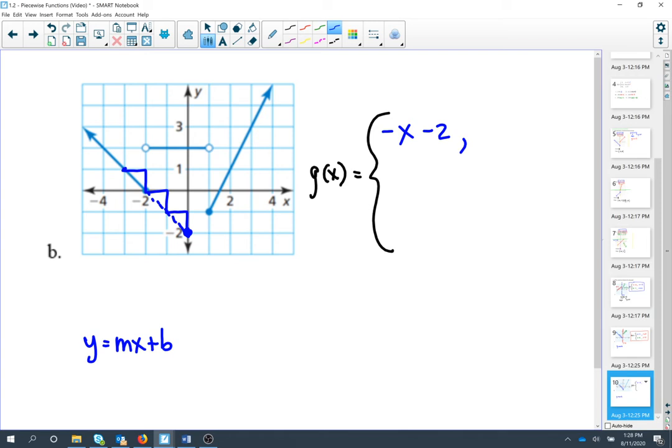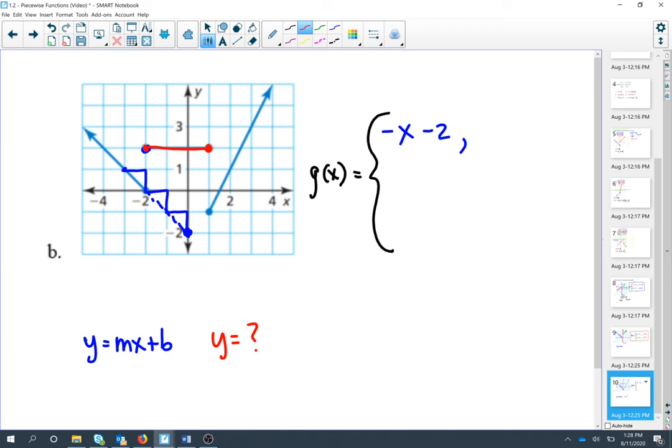Next one. Middle line, from here to here. Now, this guy looks like a line, but it's actually not a linear function. This is a constant function because it's horizontal, which means we're not going to follow y equals mx plus b. A constant function is just y equals the number, the constant.